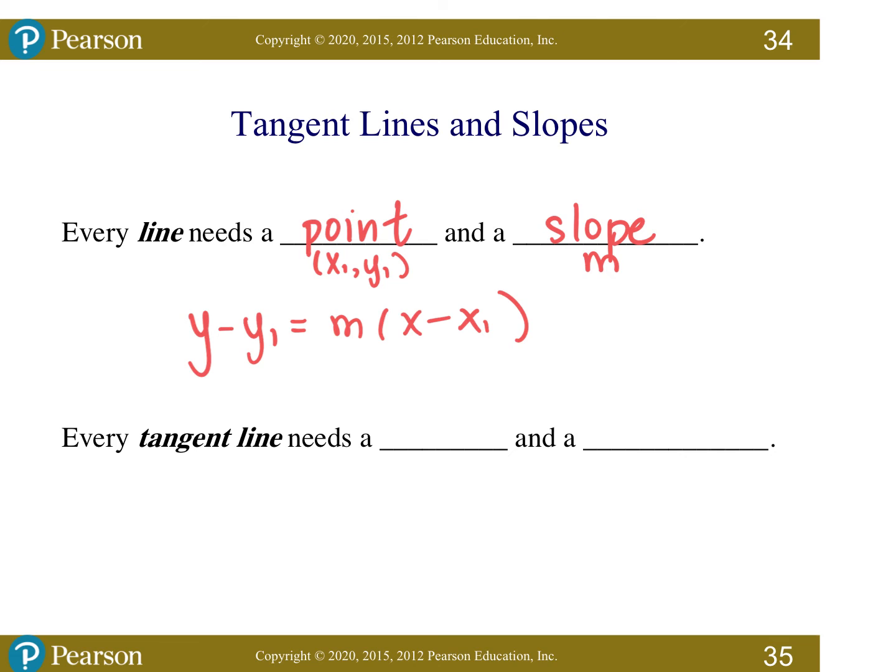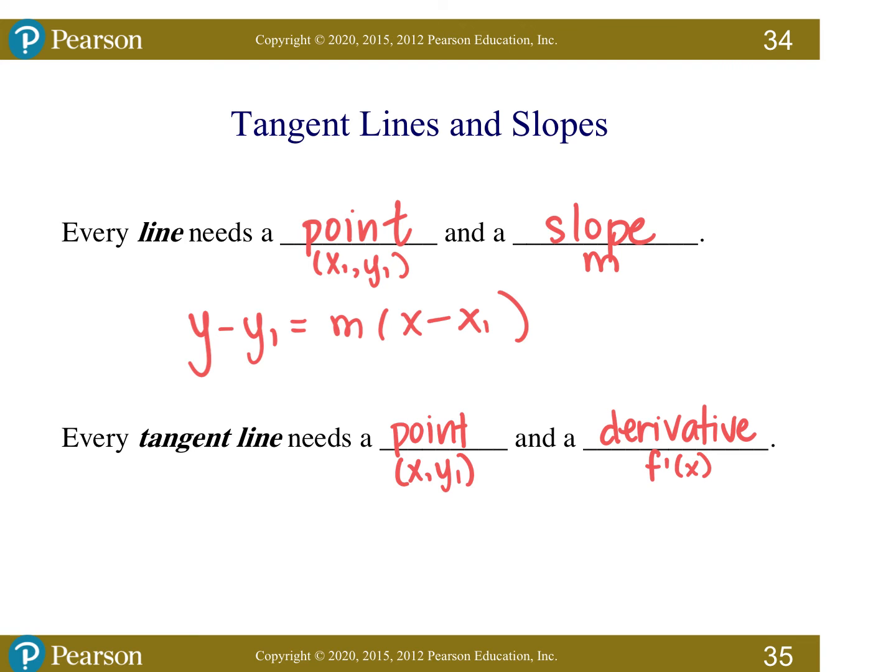Every tangent line in calculus needs a point and a derivative. Because in calculus, the word derivative means slope. It's the same thing. And so we'll be using the point x, y, and the derivative will be f prime.